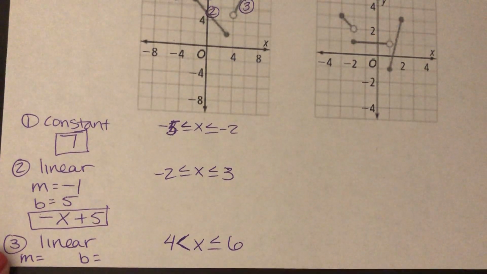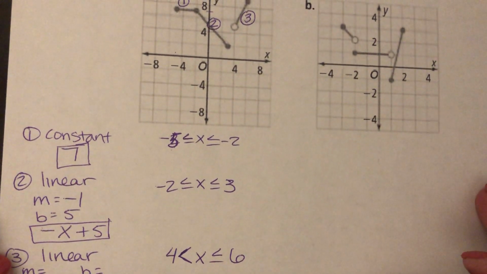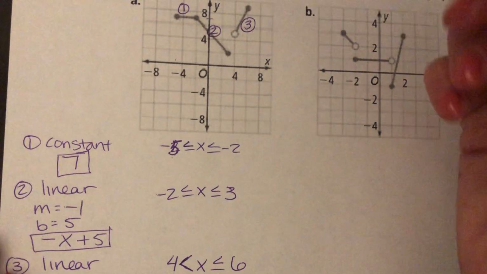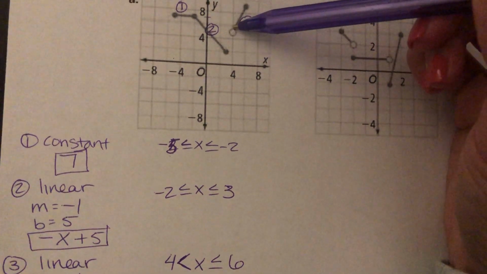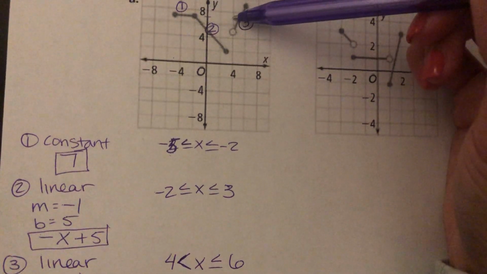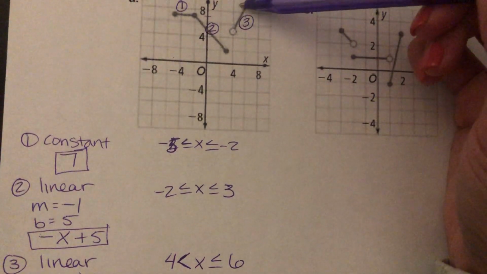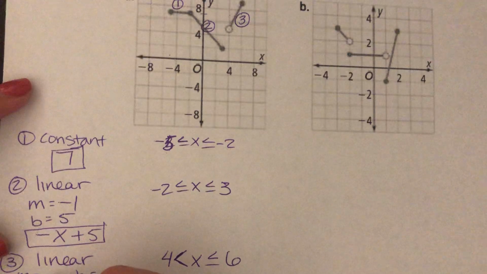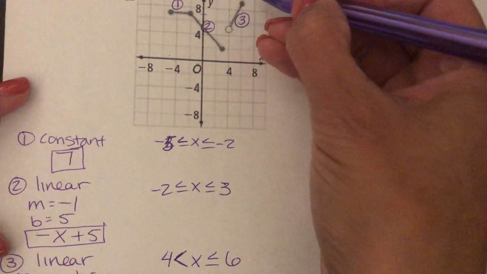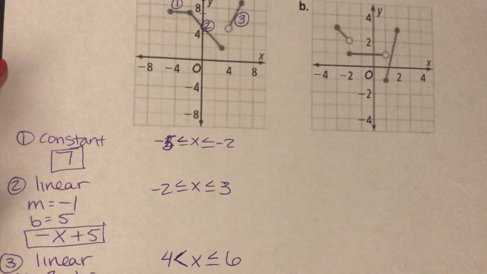Not a lot of room to write here. So my slope looks like up 2 over 1, up 2 over 1. So my slope is 2. That's a positive slope there.